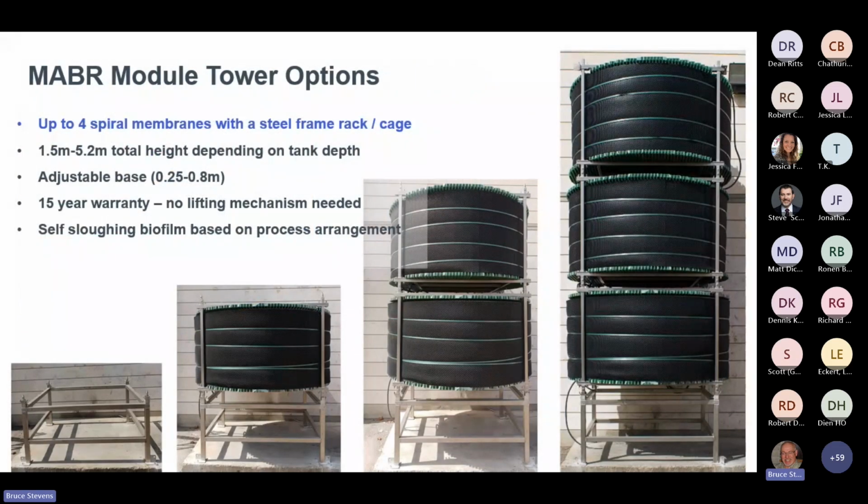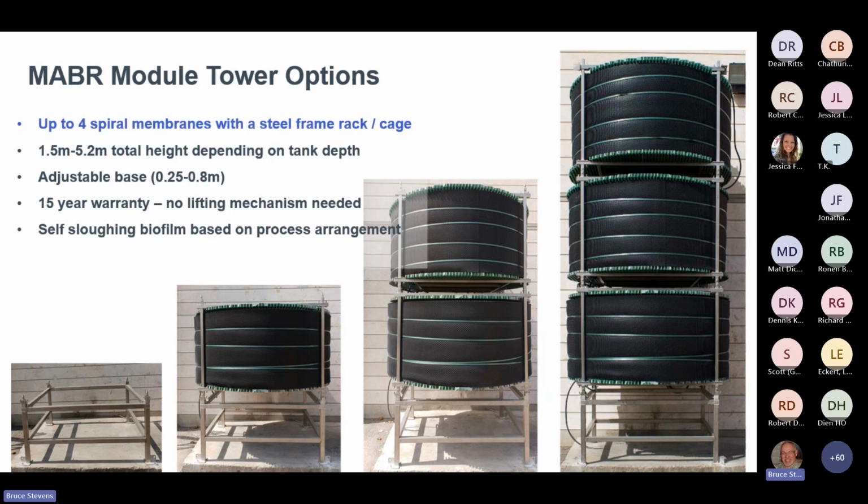So when we look at the MABR tower, we can go up to 4 spiral membranes in overall height, which will get you into a tank volume of about 5.2 meters or 16 feet of liquid depth. We can put one in if it's a very shallow tank, like an old RBC tank that you want to reuse. A couple of them can go into an old trickling filter type of tank, which is 8 or 9 feet of liquid depth.